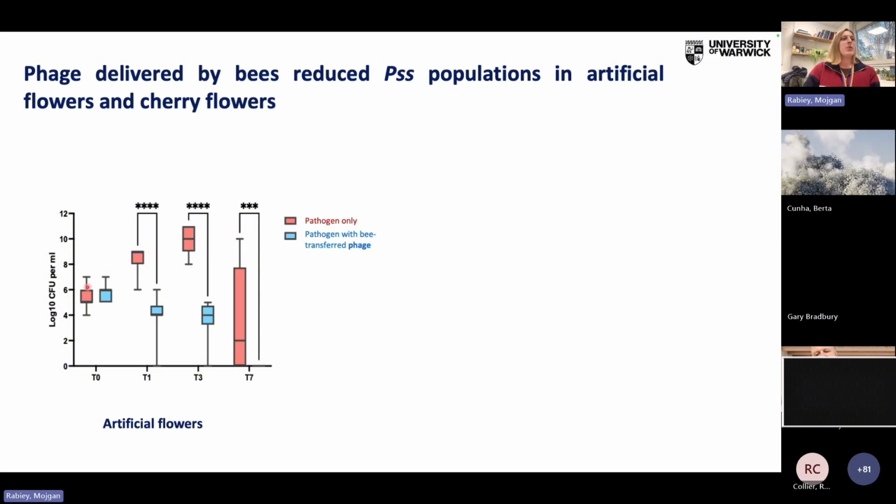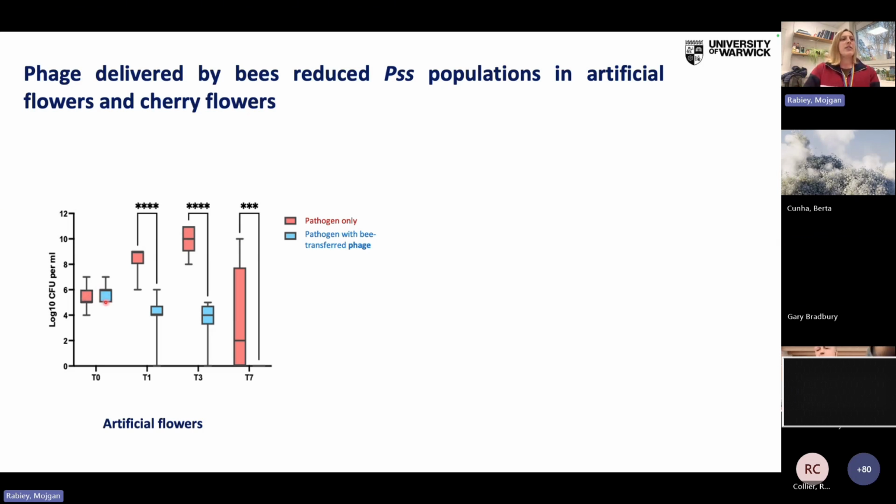This box plot here shows the bacterial concentrations over time. The higher the CFU, the colony forming unit, the more bacteria. The red box plots show the bacterial counts for just the control compartment, so it's the clean hive with no phage. And the blue shows the colony counts for flowers where bees have been through a phage powder.